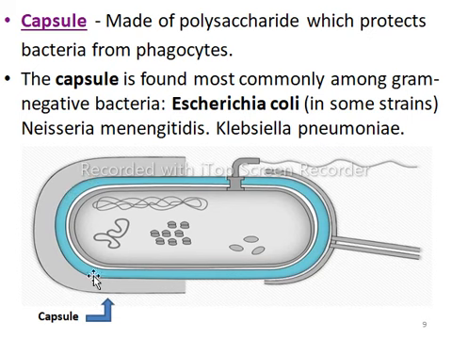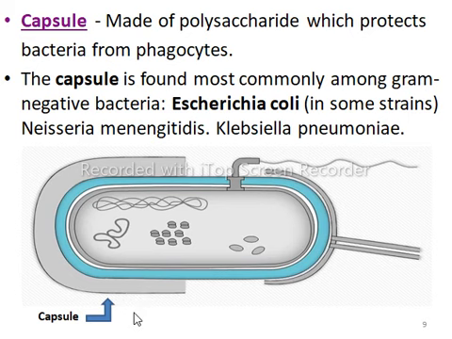This layer is called the capsule. The capsule is a virulence factor for bacteria and is made up of polysaccharide, which protects the bacterial cell from phagocytosis, where phagocytosis is the ingestion of bacteria by phagocytes, while phagocytes are the cells that protect the body by ingesting harmful foreign particles.